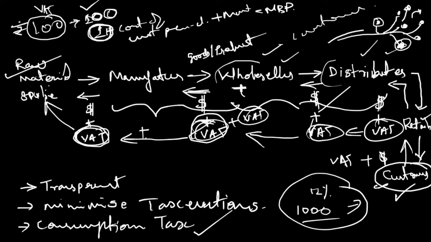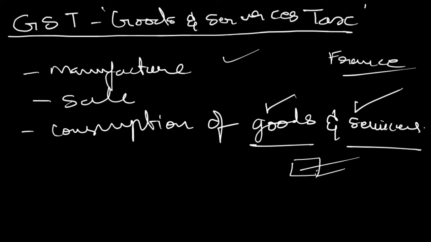Therefore, GST is a broad-based and single comprehensive tax levied on goods and services consumed in an economy. Actually, it would replace certain things like central excise duty. If you are manufacturing something, there is an excise duty. It can be replaced by GST, even though you are giving VAT.